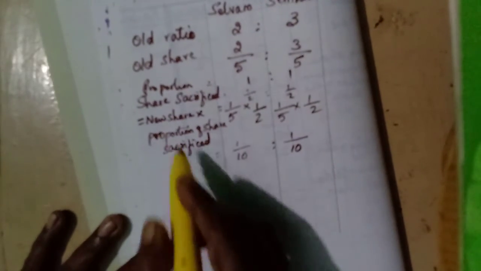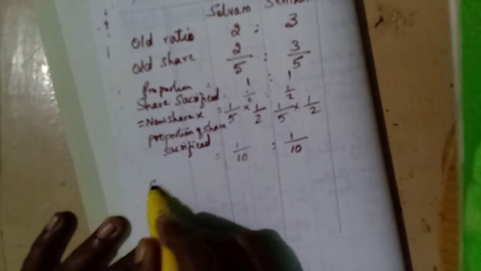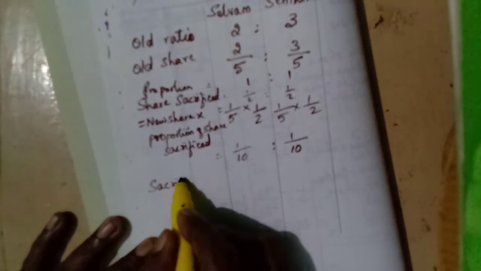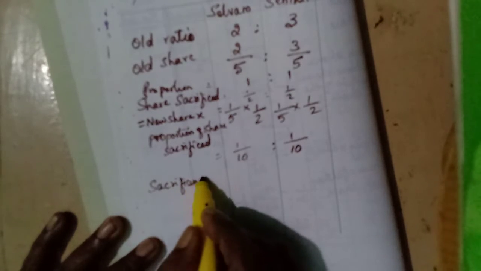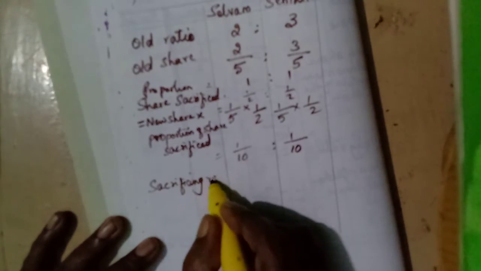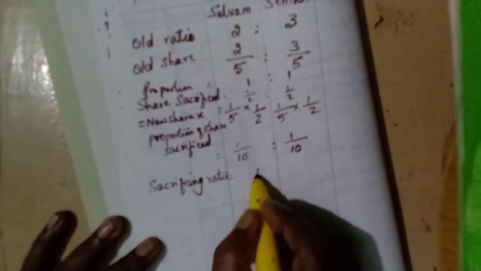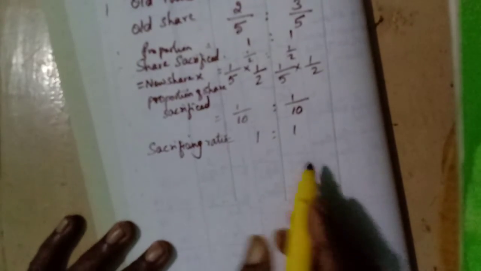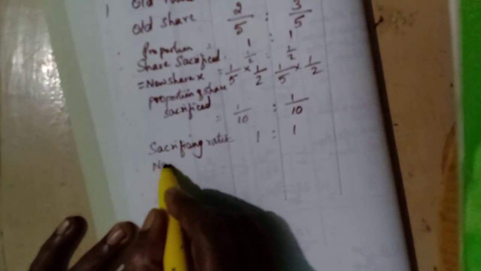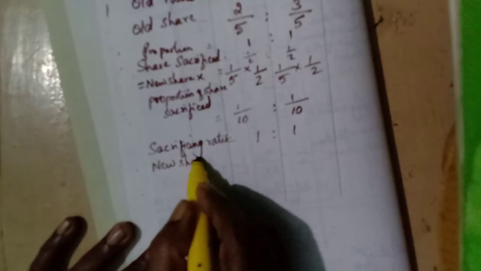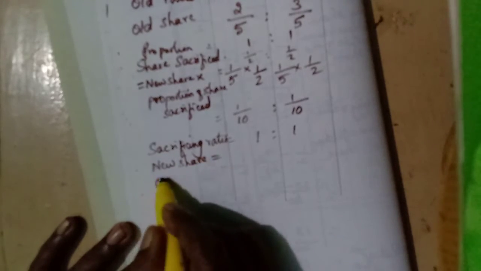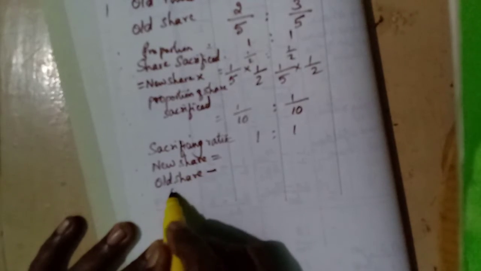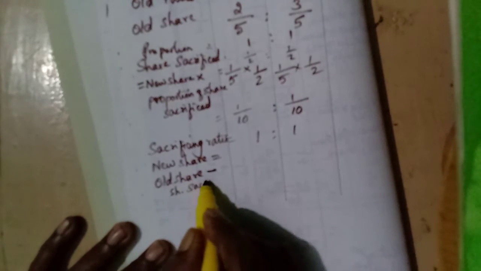So that is the sacrificing share. Now the sacrificing ratio is equal to 1:1. Now the new share: old share minus share sacrificed.